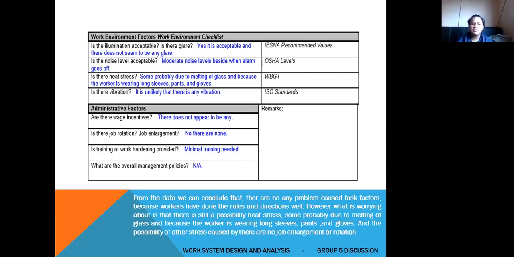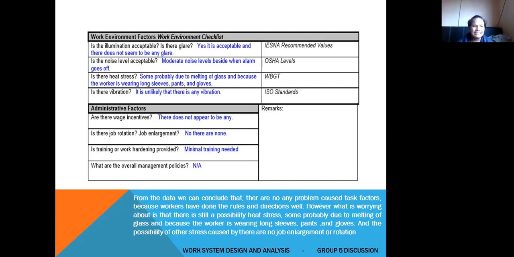In this job or worksite analysis, we found that there are not many problems causing task factors, because workers have followed the rules and directions well. However, what is worrying is that there is still heat stress. Some probably do, from the melting of the glass and because the worker is wearing long sleeves, pants and gloves.